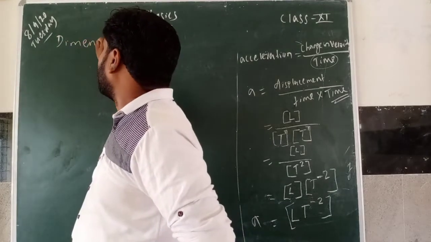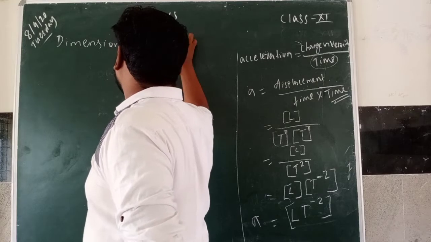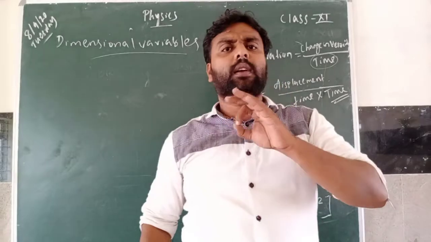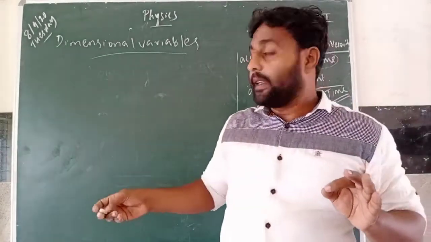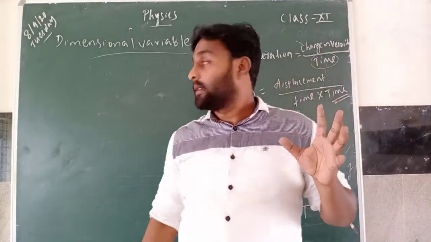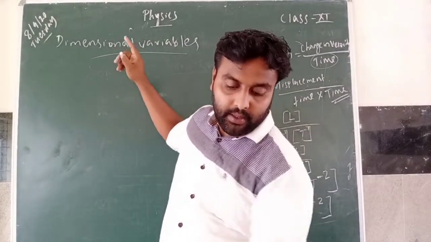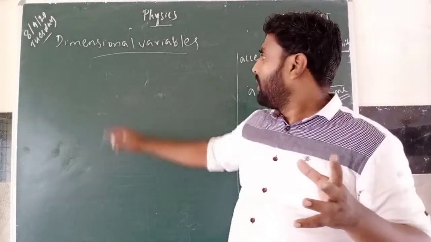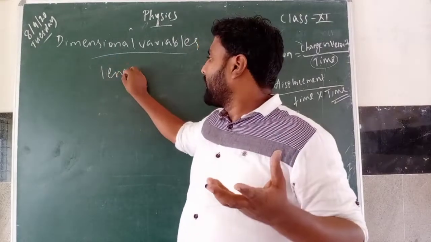Dimensional variable means a quantity which possesses dimensions as well as has some variable values. For example, you see velocity, length, you can take length.